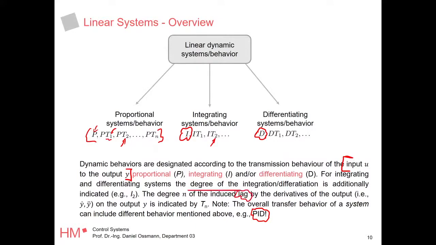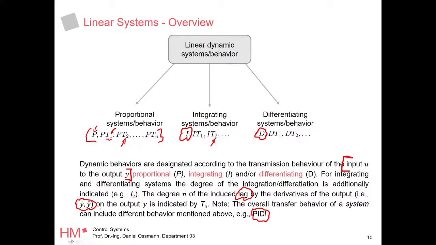And I will show you with the first example, where we have such a T1 system, what it actually means. It basically means that you have derivatives of your output signal, and they actually cause some lag in your system, right? On the output. Okay, that's basically it at this point.